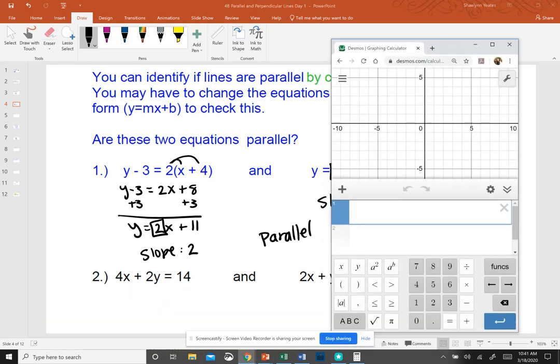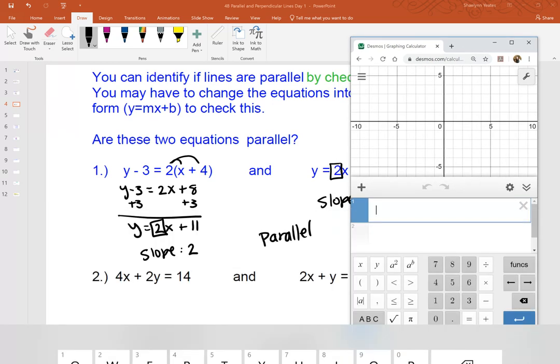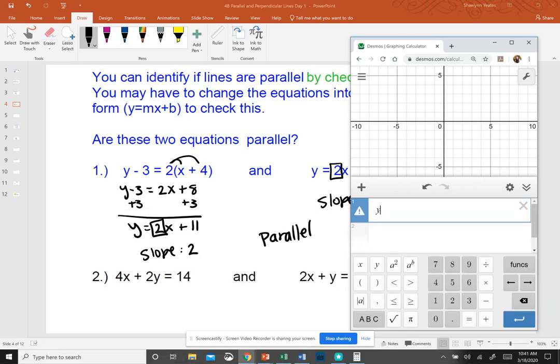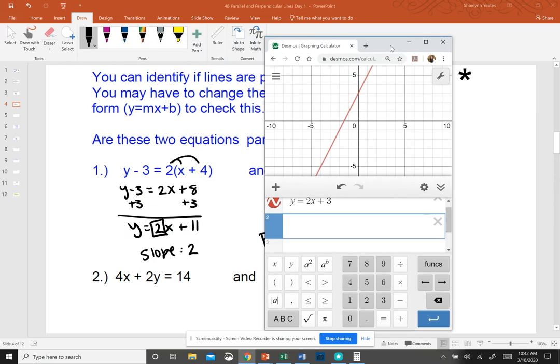So here's my Desmos. And I'm going to type those equations in. I'll do this one on the right first. So y equals 2x plus 3. So there's my first line, beautifully graphed. Then down here, I'm going to do this one.